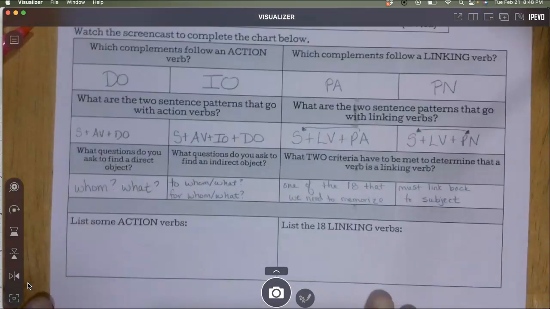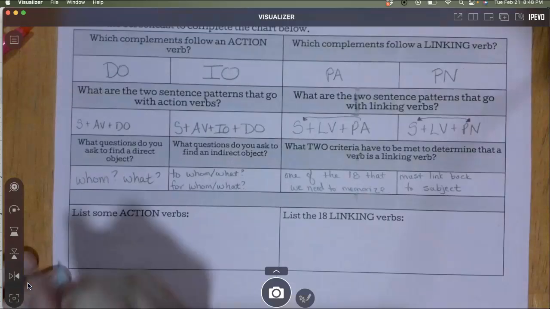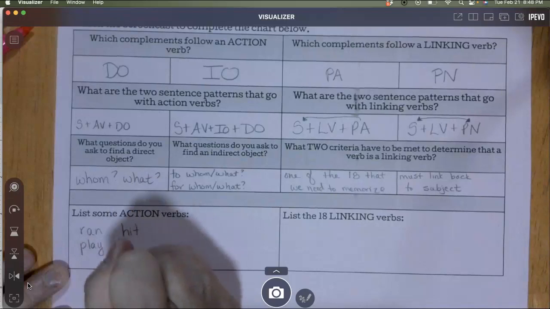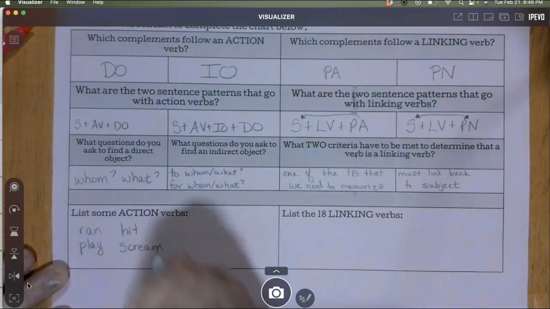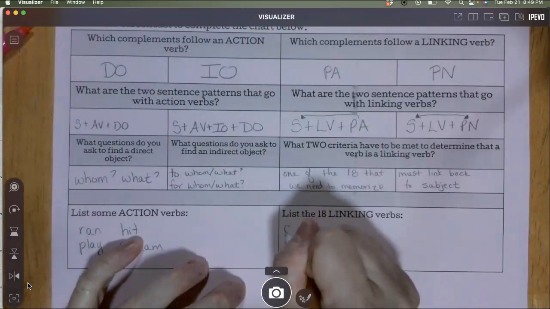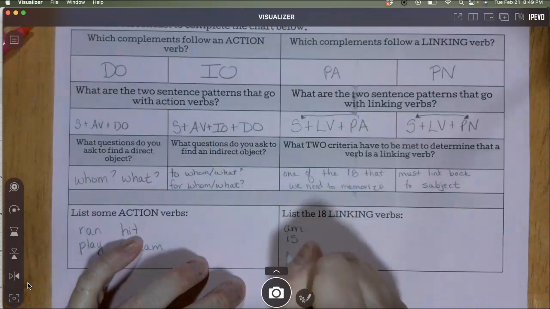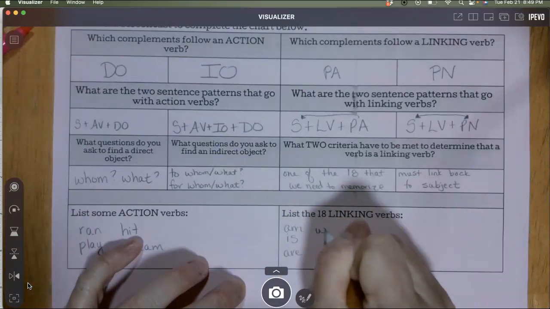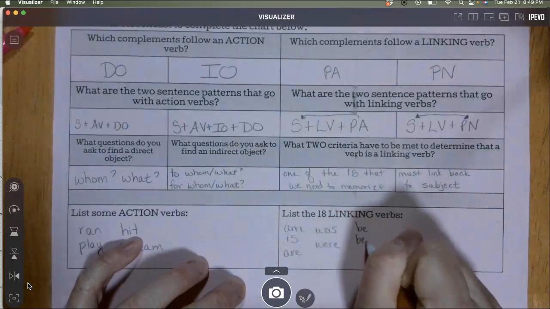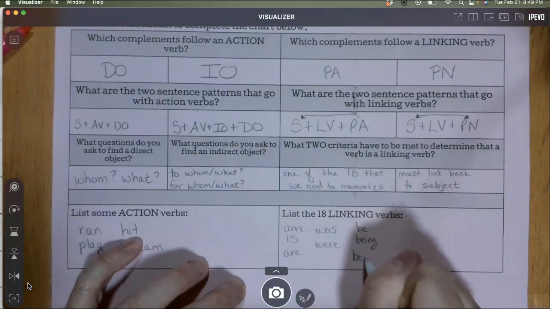So take a minute, list some action verbs: ran, play, hit, scream. Okay, and then list the 18 linking verbs. I want you to try to do it from memory. If not, then you can get your list out. But remember, we've got the first 8 that we just have to know: am, is, are, was, and were, be, being, and been.